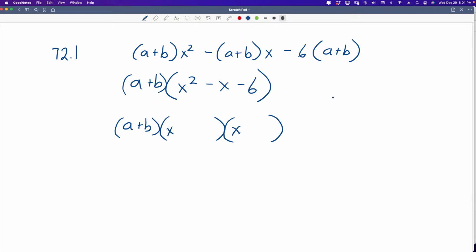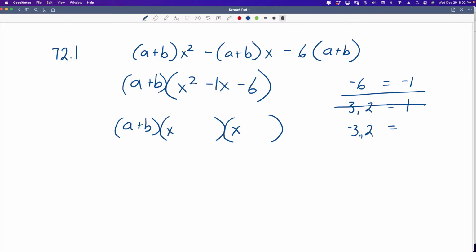We factor x squared, which is x times x. Now we need the factors of negative 6 that are going to equal a negative 1, right? So that would be, let's try 3 and negative 2. And then we have negative 3 and positive 2. If we combine the first two, we get a positive 1. So that's not it.